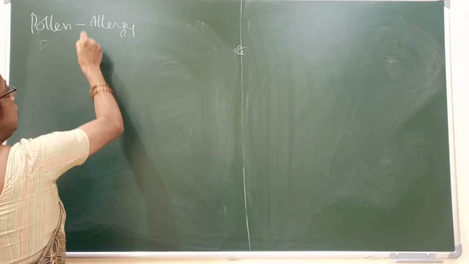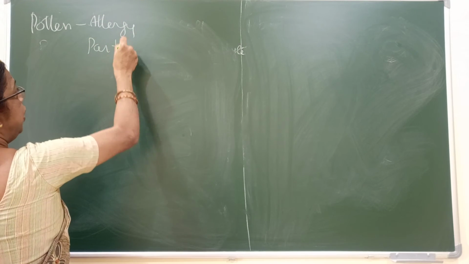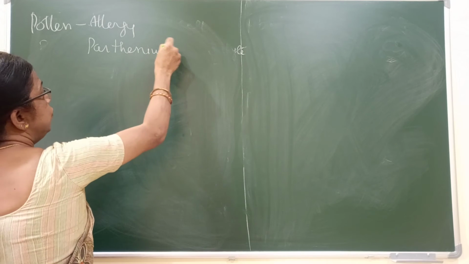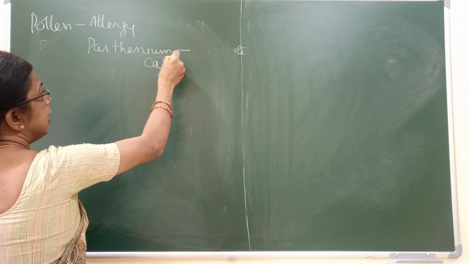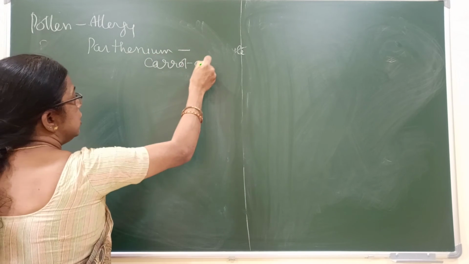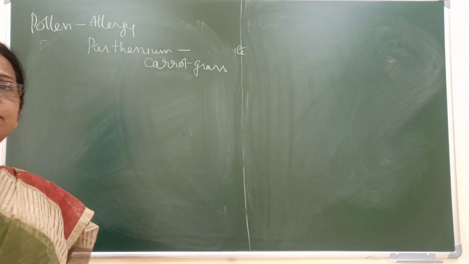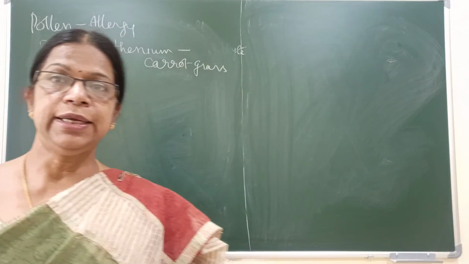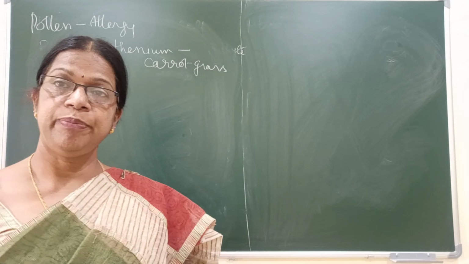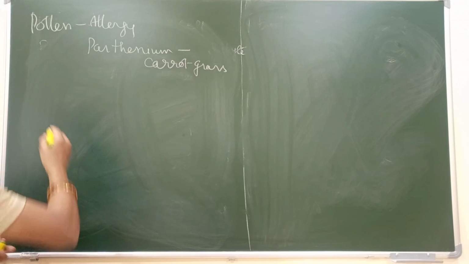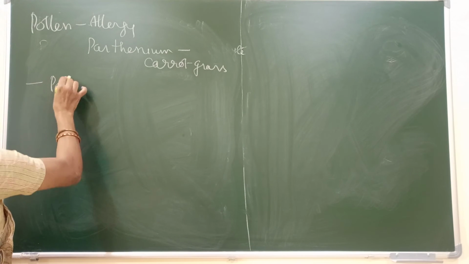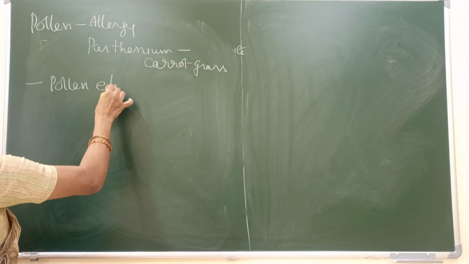The pollen of Parthenium, which is commonly called carrot grass, causes allergy.